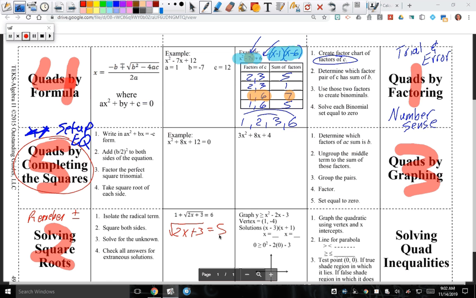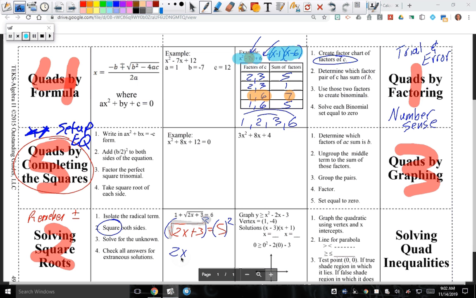Okay? So now, what would I do to both sides? Not by 2, but square both sides. So square both sides means I will raise this to the power of 2 so that, check this out if you don't know it already, this 2 will make the square root cancel and go away.